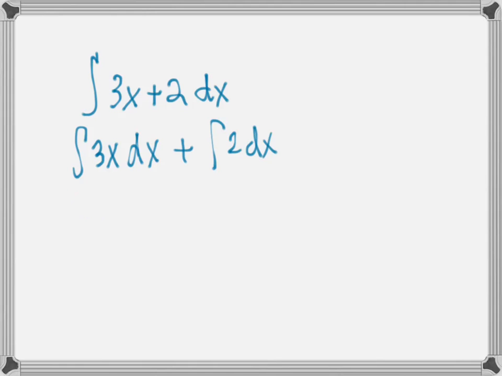It's 3 halves x squared plus c, and this is 2x plus c, and this is a c1 and this is a c2, and we say, well, that's sort of silly. If I just combine the c1 and the c2, it's just some other constant, right? So I can do them all at the same time and just put the constant at the very end. In a very much the same way, we can do that here too.